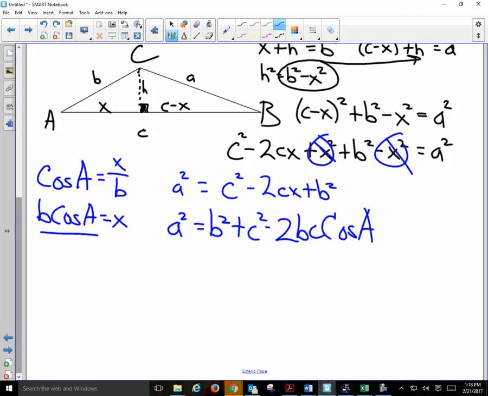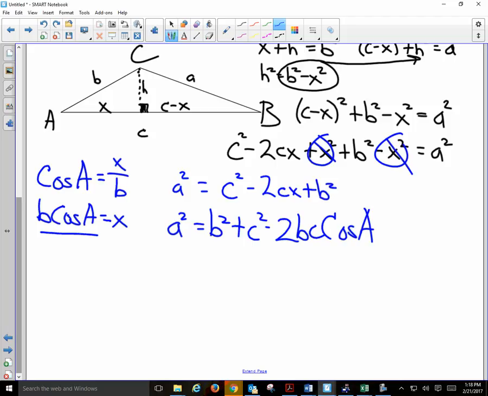This is the law of cosines. Not as pretty as the law of sines, is it? Nope. But it is what it is. Can't really change it. Just comes first in the alphabet.